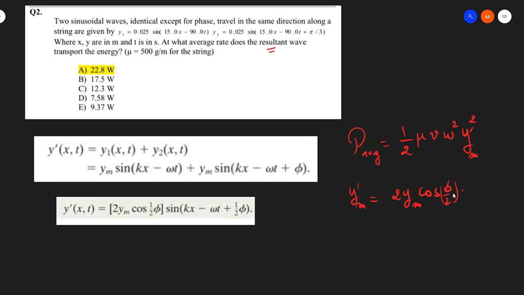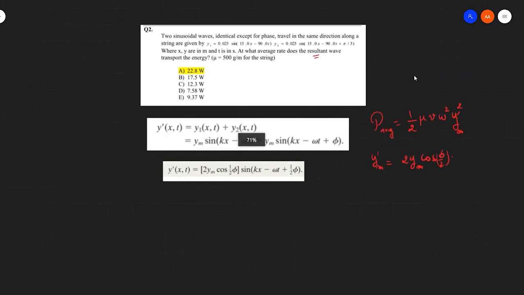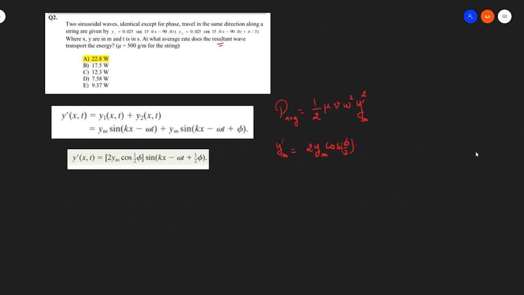Now, let me first change this one like this. We have the equation here. So the equation, I will write all what I can extract. Ym is equal to 0.025, and they said it is in meter. Okay, great. The phase between the two is pi over 3.